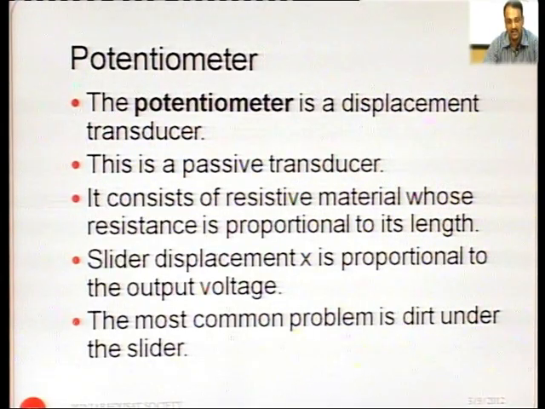So, by varying the length we can vary the resistance. Slider displacement is proportional to output voltage. So, when we move the sliding terminal, we get variable output voltage depending upon the input. The most common problem in these types of transducers is dirt, the dust which comes under the slider.